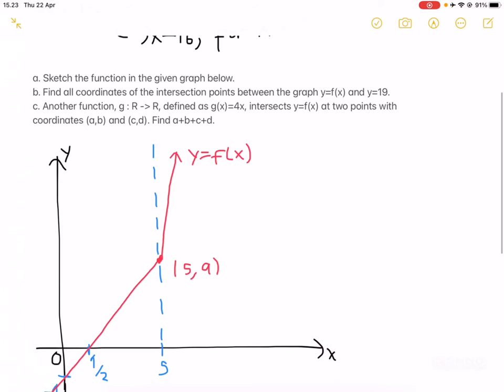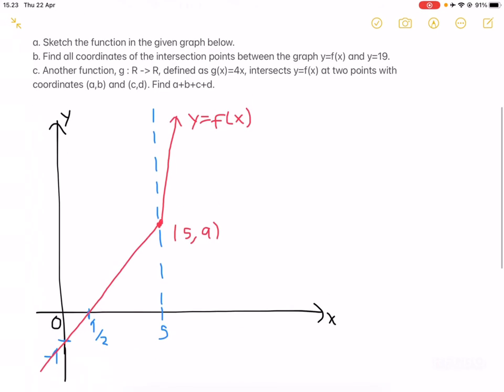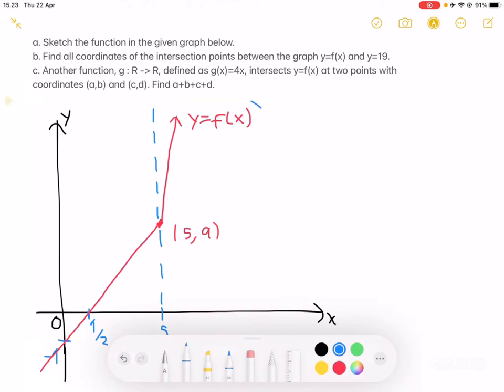Now for question B, find all coordinates of the intersection points between the graph y equals f of x, which is our drawn function, and y equals 19. Now let's suppose that is around here. Notice that it only intersects once right here, so we're good.